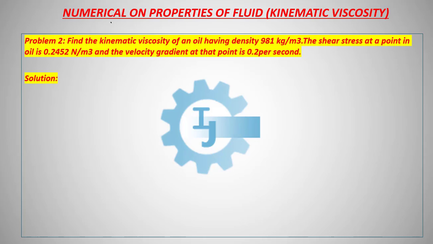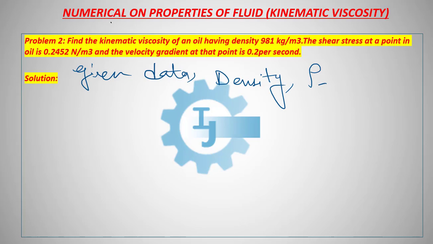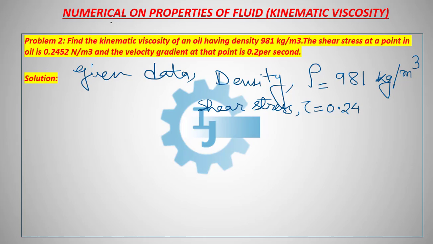So at first we have to write the given data. What are the given data? Density, rho equals 981 kg per meter cube, and shear stress, tau equals 0.2452 Newton per meter cube.